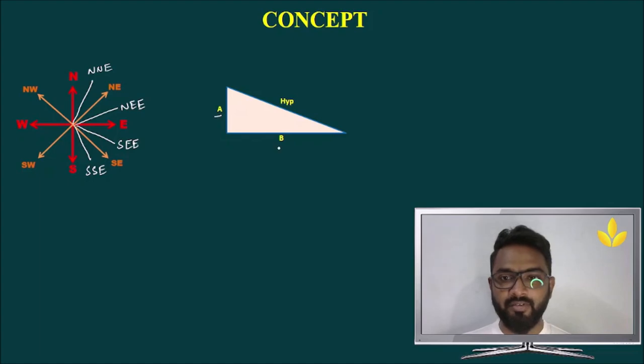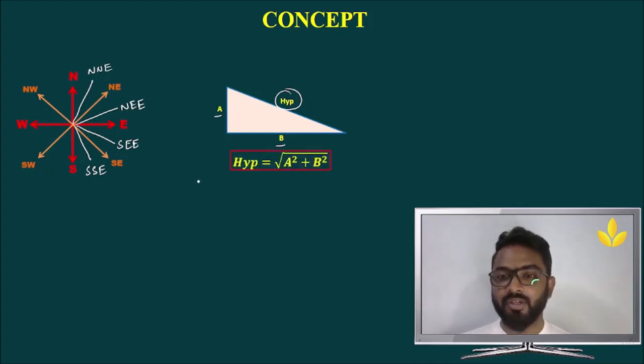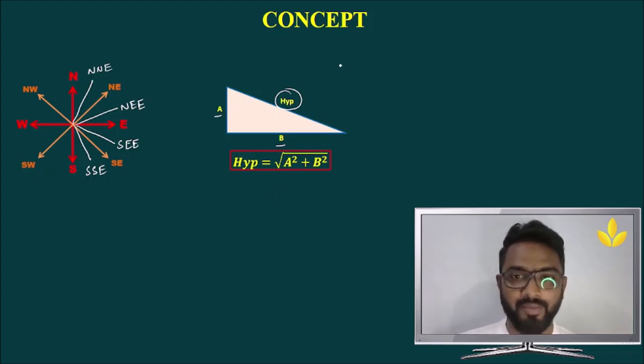We have A, we have B, and HYP is nothing but the hypotenuse, as you might know. According to the Pythagorean theorem, hypotenuse equals the square root of the sum of the squares of the other sides. So hypotenuse equals square root of a square plus b square. This has to be one of the most important formulas of all of mathematics.